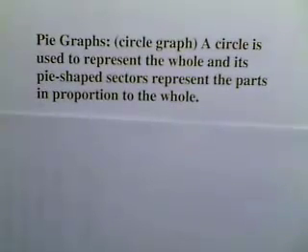The circle represents the whole, and each section of the pie represents the part or the proportion. So we're going to look at how we can create a pie graph.